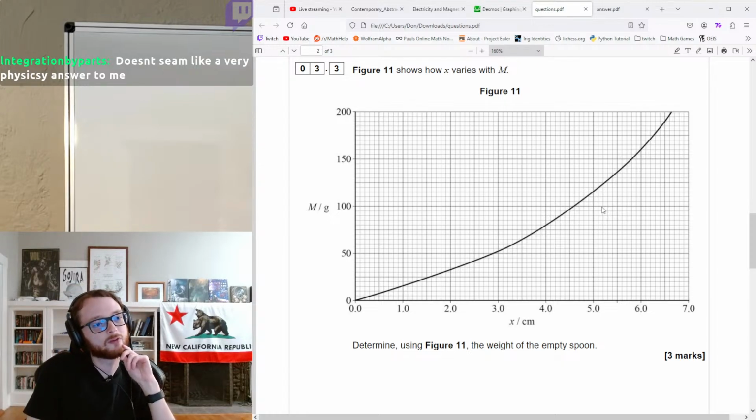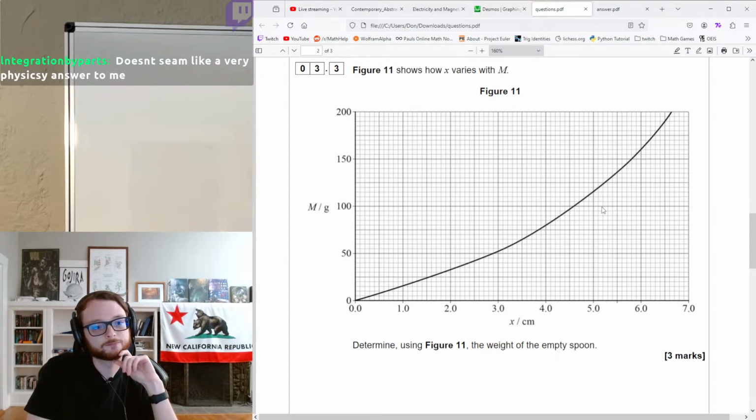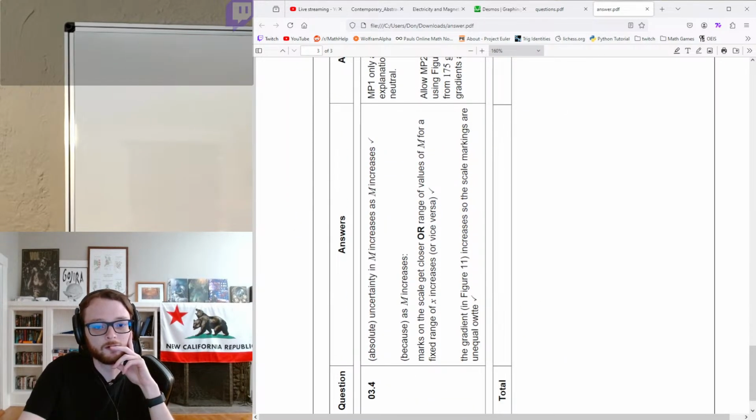So you're compressing the same amount of weight into a smaller area, and it's harder to visually tell the difference between a small difference in grams. I think that's what they want you to notice here. They're saying absolute uncertainty in m increases as m increases.